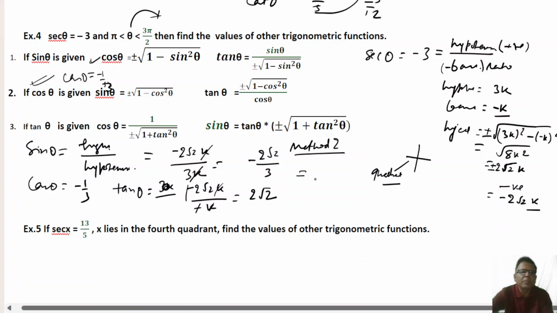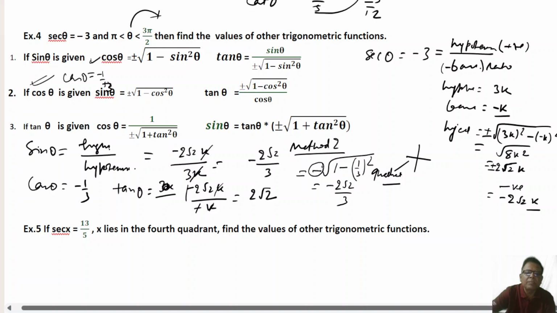Then sin theta will be minus of root 1 minus 1 by 3 the whole square, so that is minus 2 root 2 by 3. So by formula also you can do it.